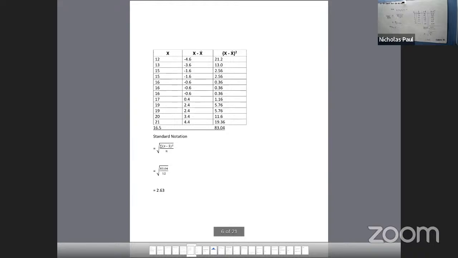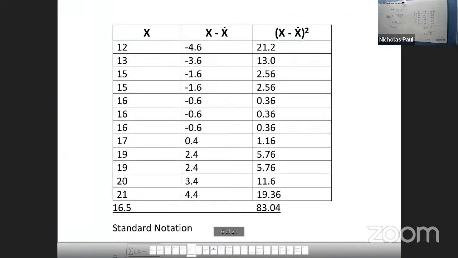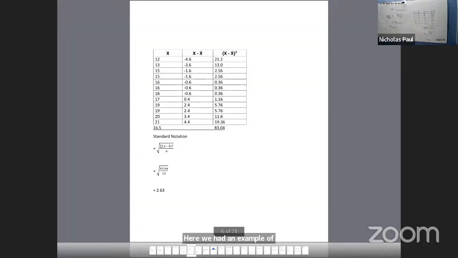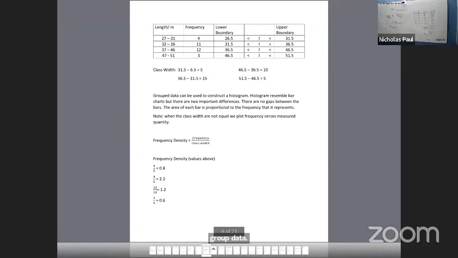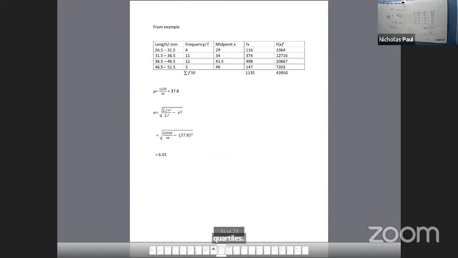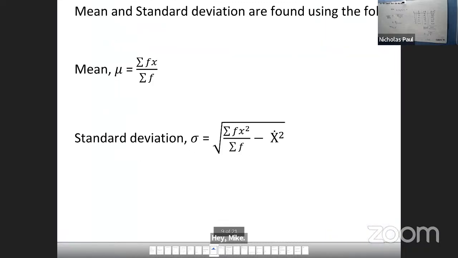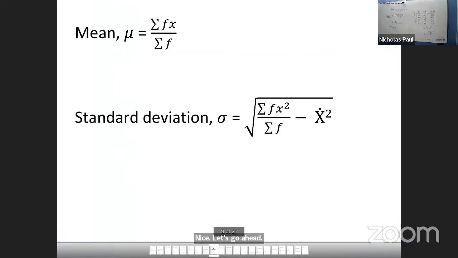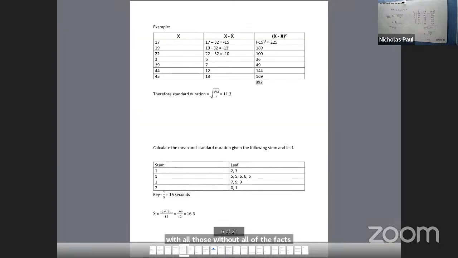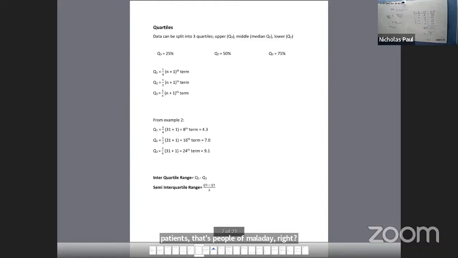Right here we had an example of group data, quartiles. Here's the formula for standard deviation and mean without all those fancy notations. That's the formula there, right? Please remember that.